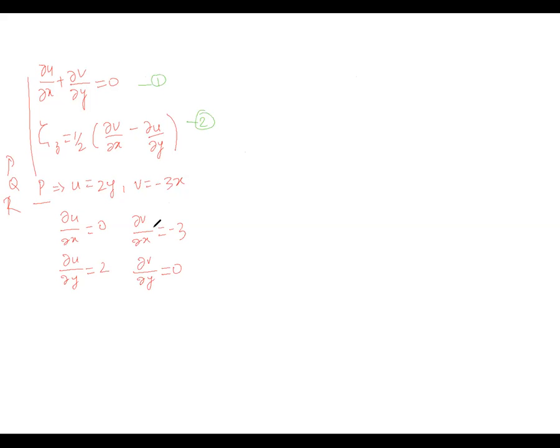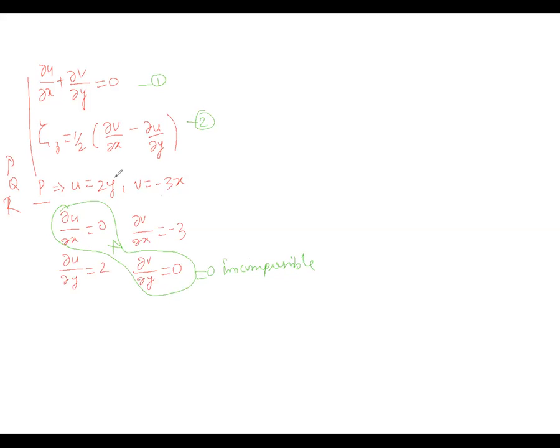Here the continuity equation, dou u by dou x plus dou v by dou y, equals 0 when you add these two. So it is incompressible, and the first condition is satisfied.